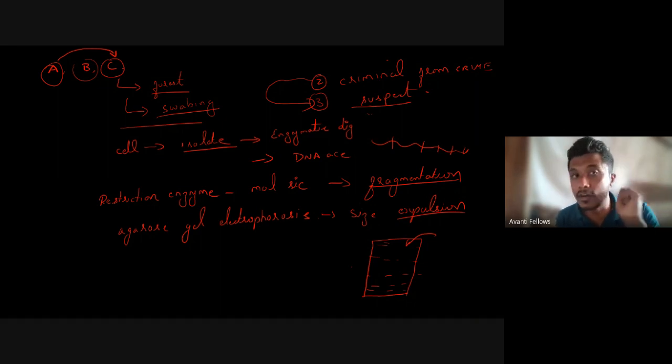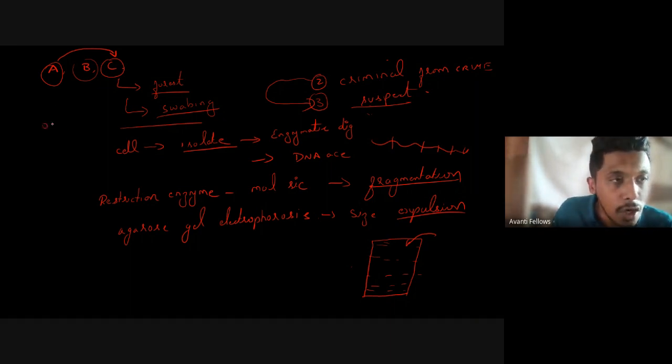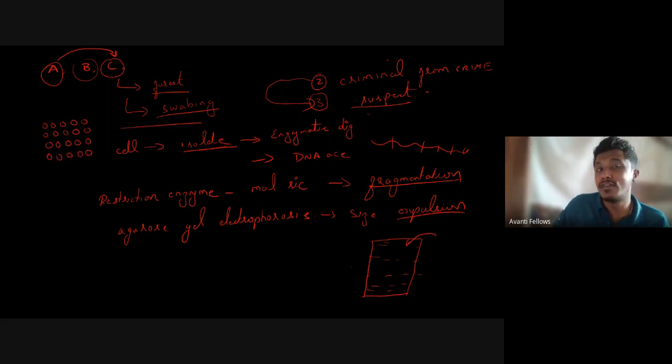Why are we using agarose only? If you look at the molecular structure of agarose, the molecules are very well organized, very evenly organized, especially in the solid state. The atoms are arranged very systematically and symmetrically, and this arrangement gives a very specific intermolecular space.